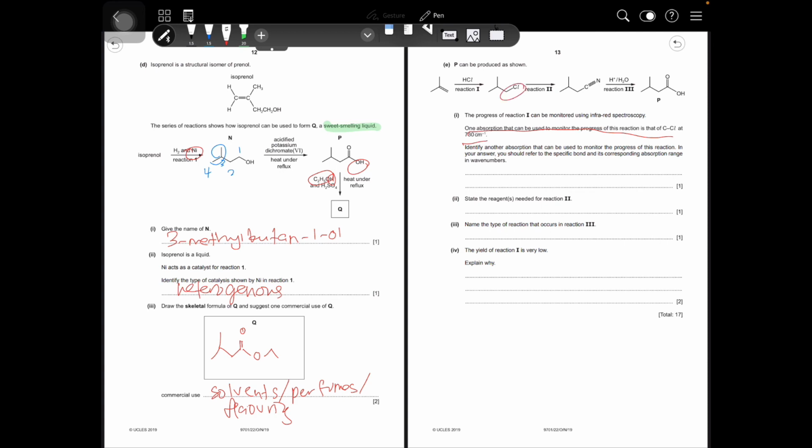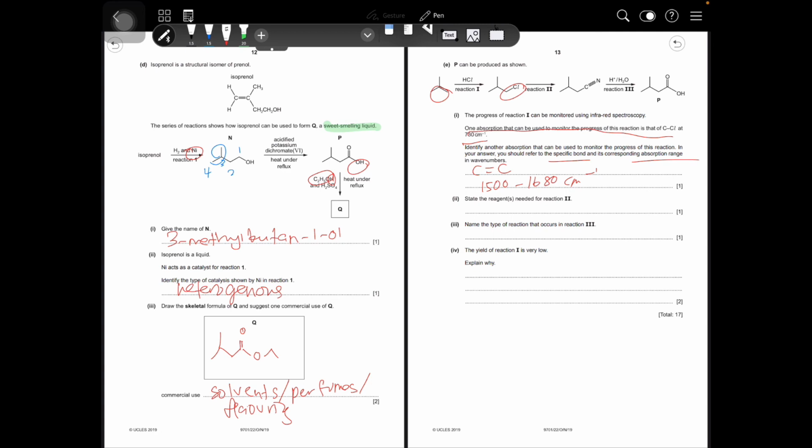We can also identify the progress of the reaction using the bond in the reactant, which is the C double bond C. The corresponding absorption range, you can refer to your data booklet, is between 1500 to 1680 cm-1.